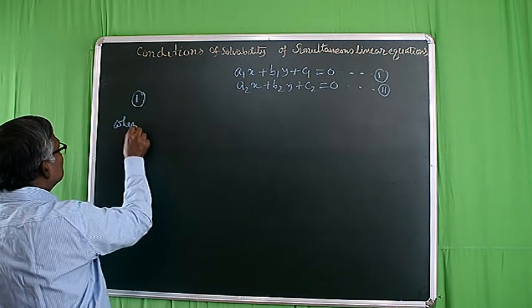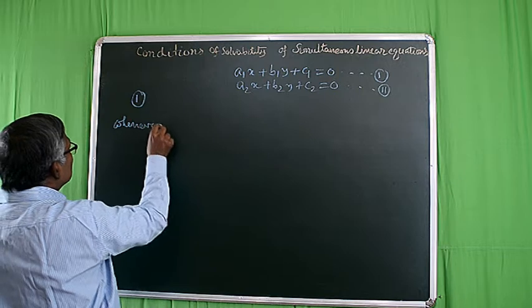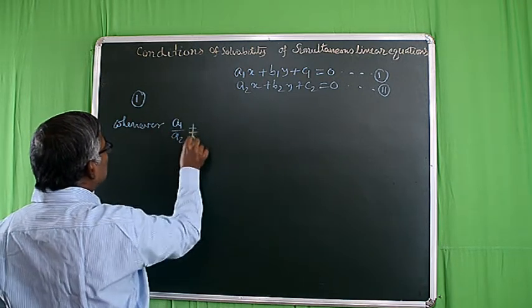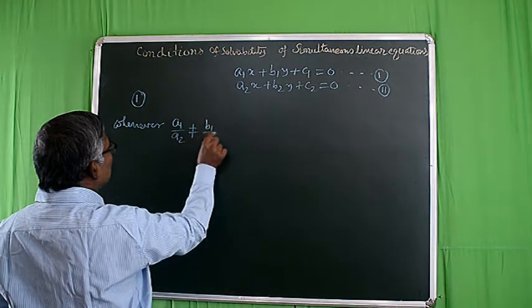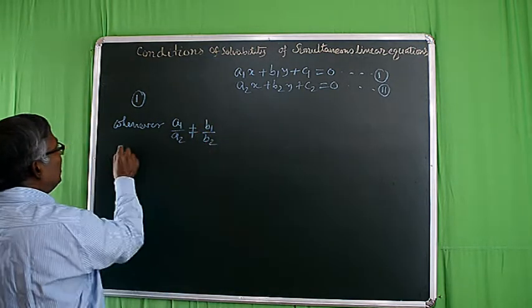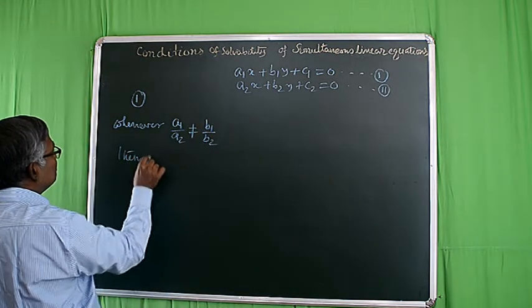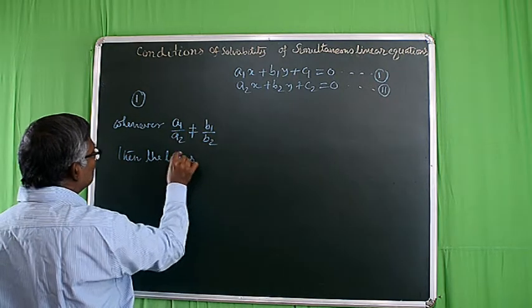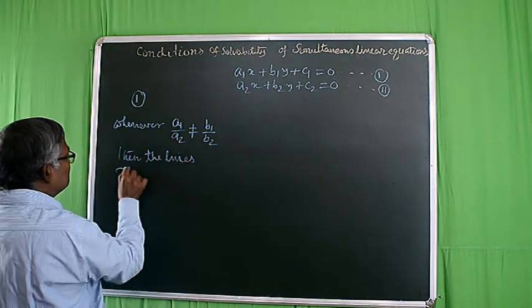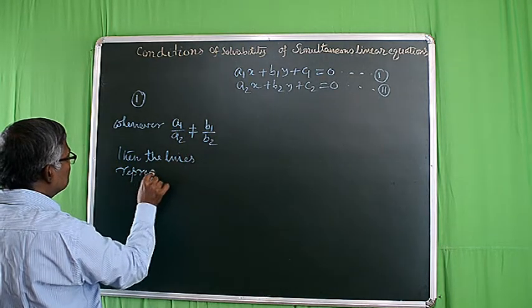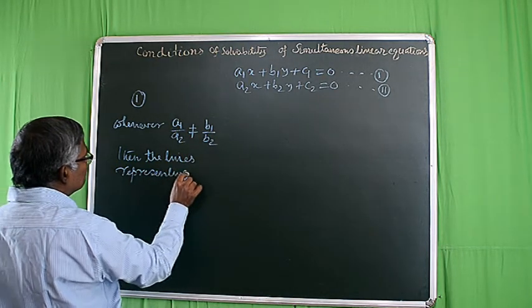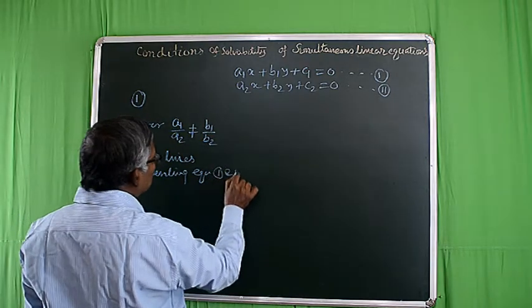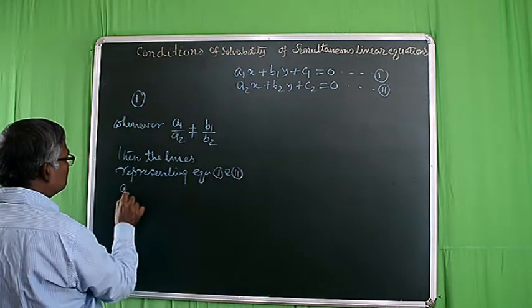Whenever a1 by a2 not equal to b1 by b2, then the lines representing equation 1 and 2 are intersecting.